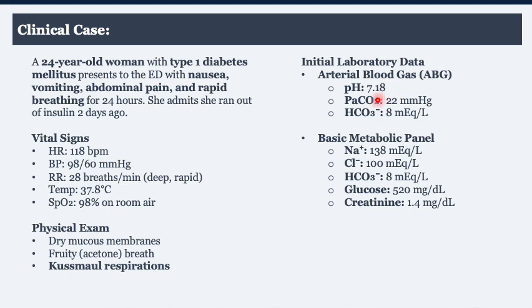The arterial blood gas shows a pH of 7.18, PCO2, partial pressure carbon dioxide, of 22, a bicarbonate of 8, and the basic metabolic panel shows a sodium of 138, chloride of 100, bicarb of 8, glucose is 520, and creatinine is 1.4.